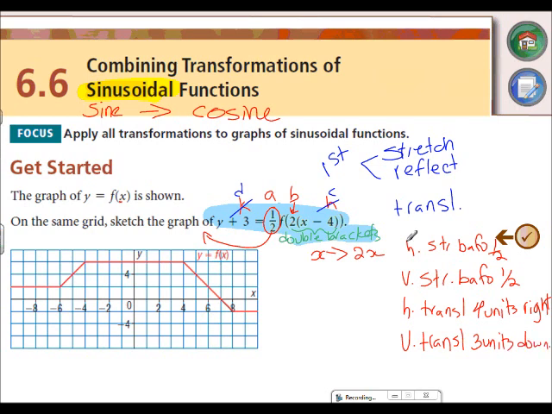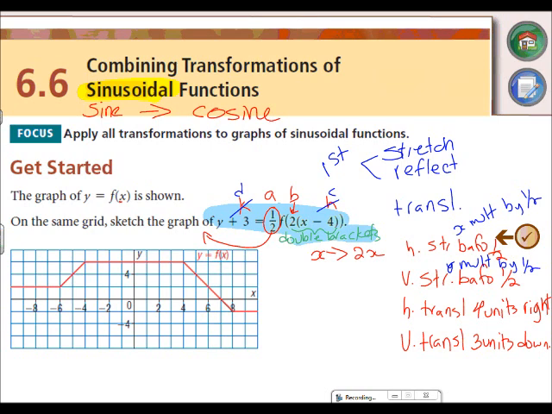All right, let's go through each one of those now. Horizontal stretch by a factor of 1/2. That means x is multiplied by 1/2. Vertical stretch, the y is multiplied by 1/2.